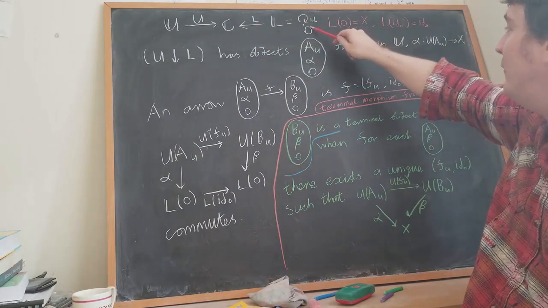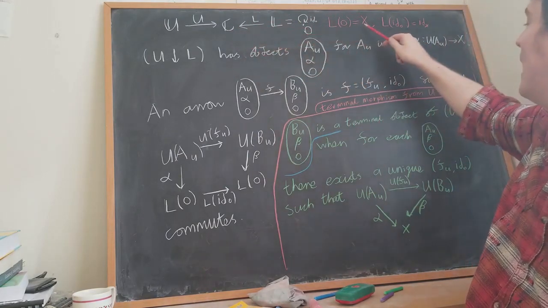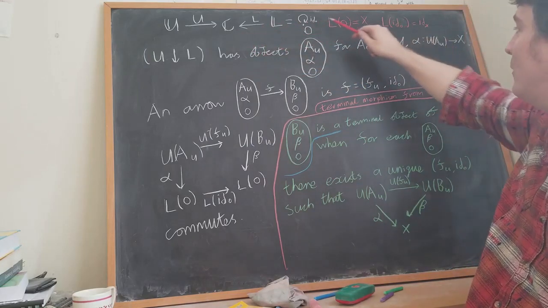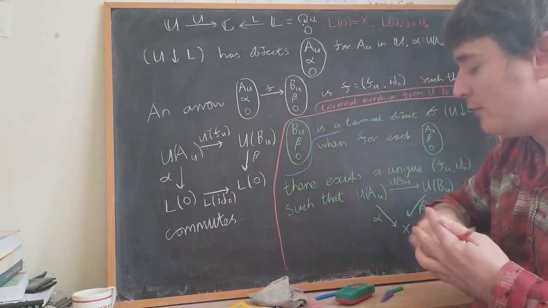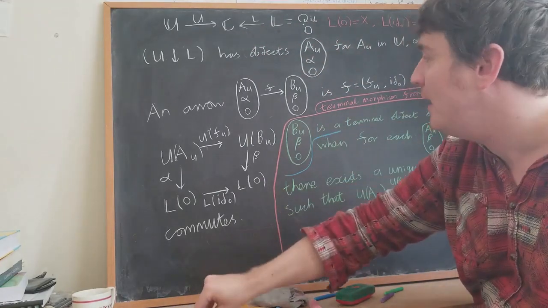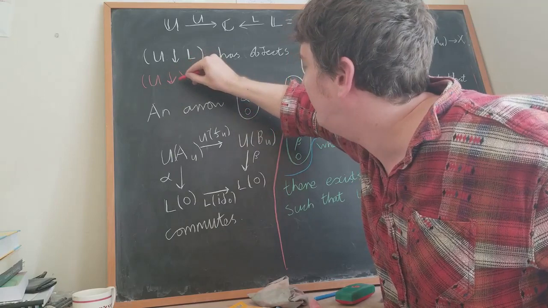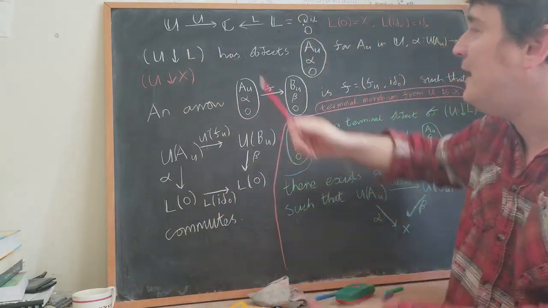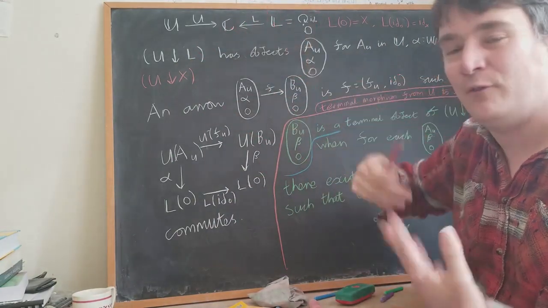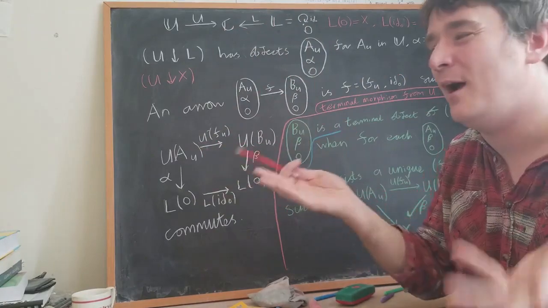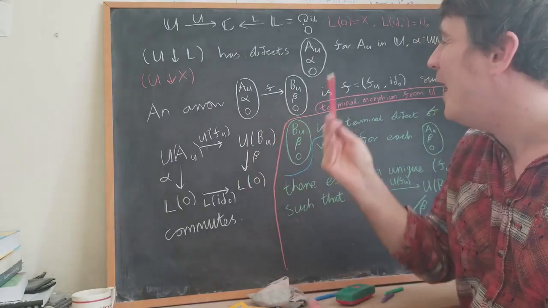Well, it's just going to send 0 into this object X of C that we're interested in, and it's going to send the identity arrow of this thing to the identity arrow of X. So this type of comma category is often denoted as U downwards arrow X, where X is really an object of C, but sometimes people write X to denote this kind of X-valued functor. We're calling it L because I like to separate out things which are different kinds of beasts.